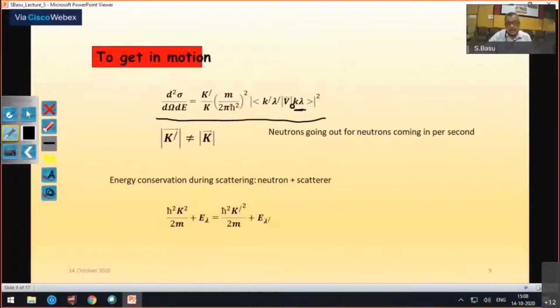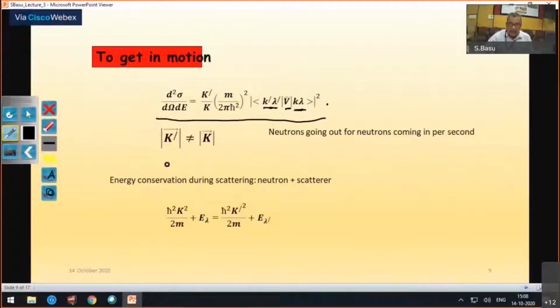Energy means not only energy but spin, everything, all possible states of the system, but here energy is important. It goes to k prime, the neutron, lambda prime, the system, under the influence of this potential V. This is quantum mechanical. I expect you at least to understand this much basically.